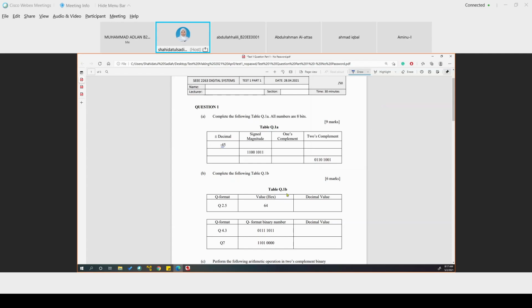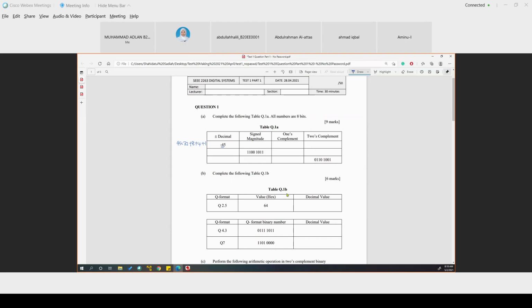To find minus 45 in sign magnitude, we just have to copy the bits of 45 as the normal binary, and then the MSB will become 1. So 45 in binary is 32 plus 8 plus 4 plus 1.